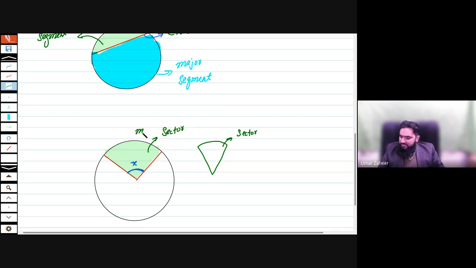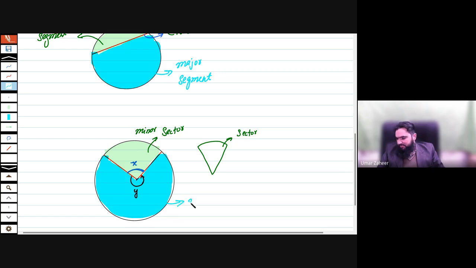So we have to say that it is a minor sector. On the other hand, look at here. Obviously, we have an angle, let's say it is y, and we have a sector here as well. On the one hand, we have a major sector, and here we have a minor sector.